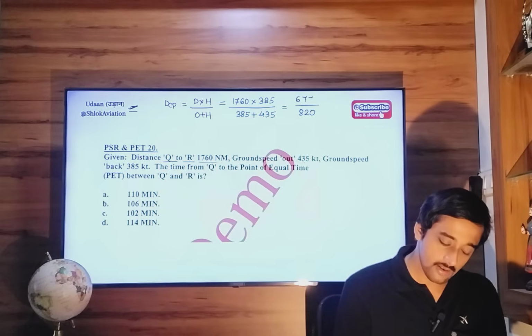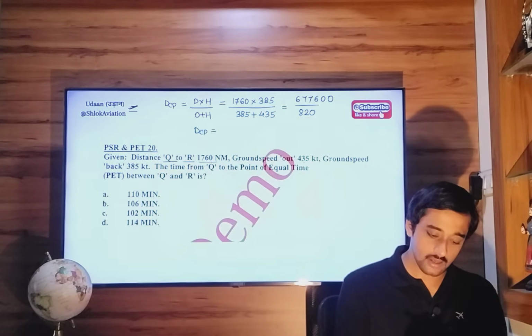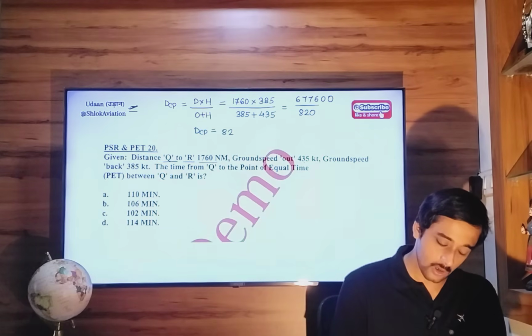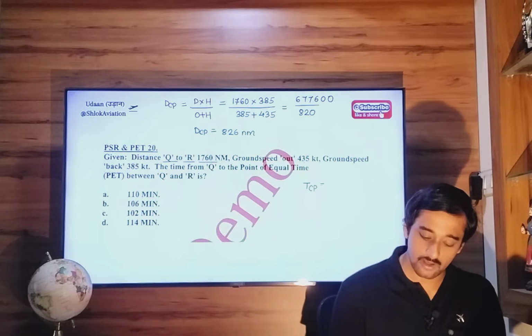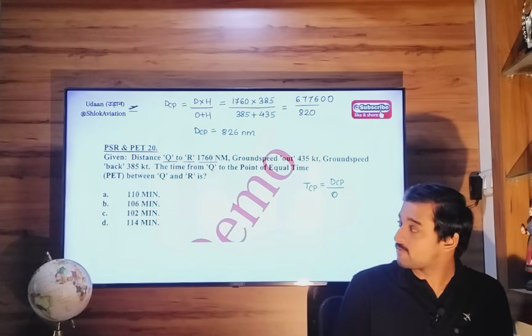Numerator 677600. So the distance to critical point will be 826 nautical miles. What will be the time to critical point? It will be distance to critical point divided by outbound speed.